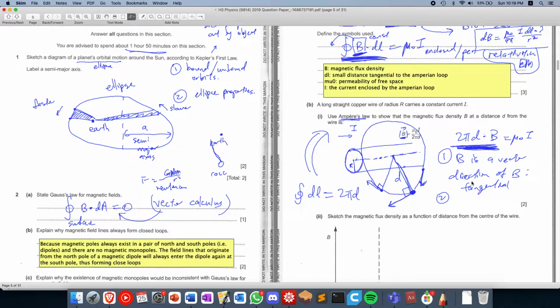And number two, I was going to say something else. What if the wire is not infinite? Because you see, the I enclosed penetration is assuming that the wire is infinite.